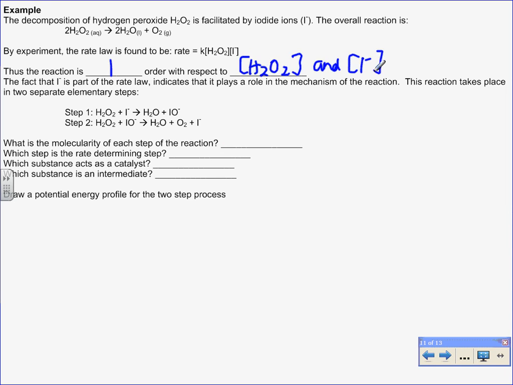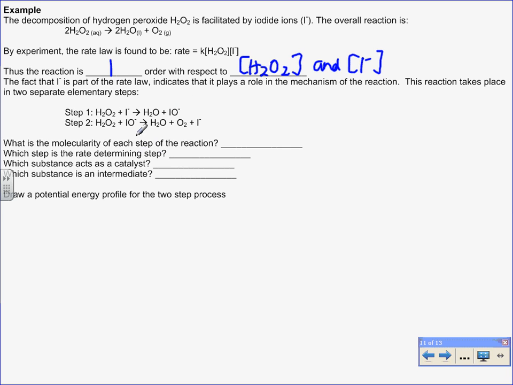And if we look at the mechanism of this reaction that's been proposed, okay, we can see the connection here. So we know that the rate determining step of this reaction is going to involve 1 molecule of H2O2 and an iodide ion, which we see in step 1 of the reaction. H2O2 plus I minus goes to H2O plus IO minus, and then in the second step, another molecule of H2O2 reacts with this IO minus intermediate.